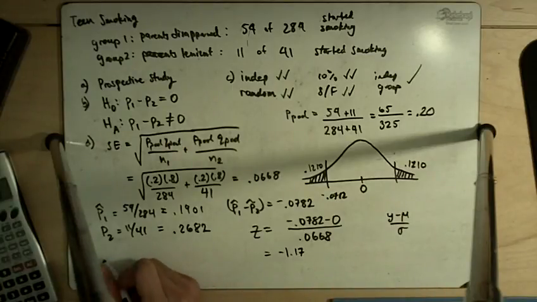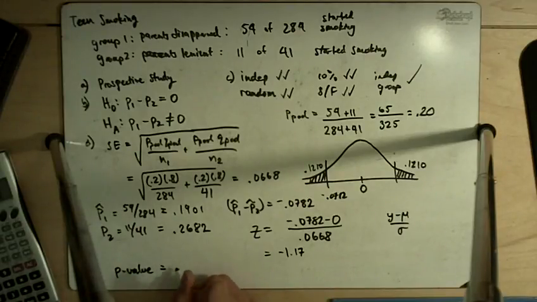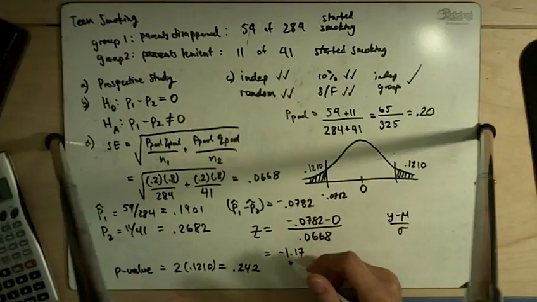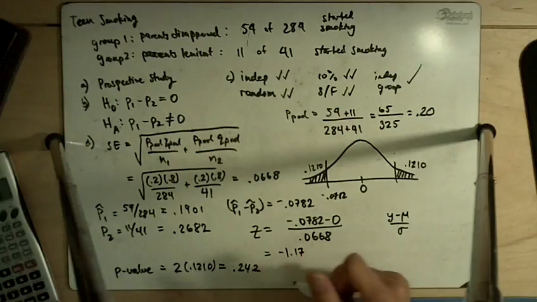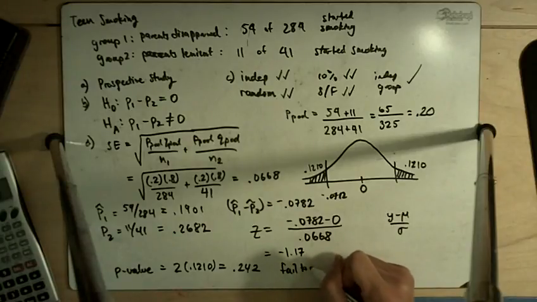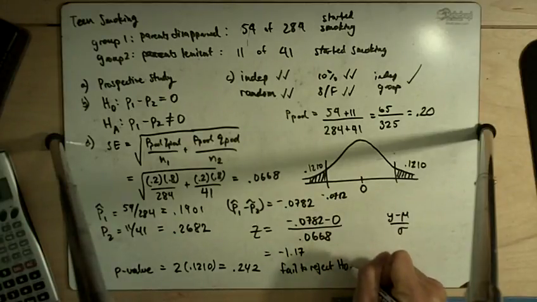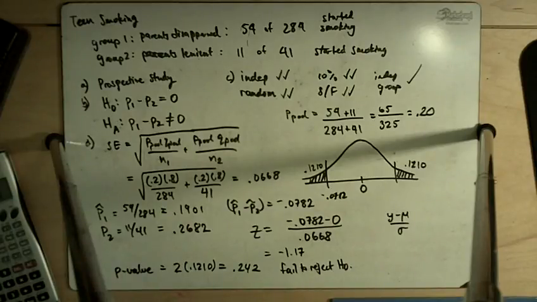So the total area, our p-value, is going to be 2 times 0.121, or 0.242. So this is going to be larger than alpha. It didn't specify an alpha, but if we just assume 5%, 24% is larger than 5%. So we fail to reject the null hypothesis.